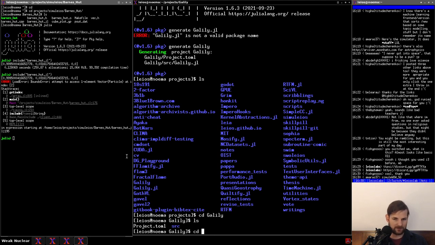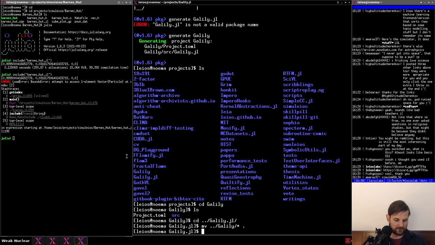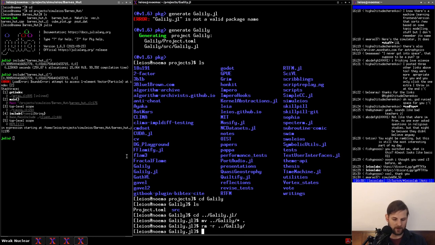And we're going to cd back into Galilee.jl. And we're just going to move the stuff from one into the other. Move Galilee star here. And let's go ahead and remove -r Galilee. Okay, ls here.